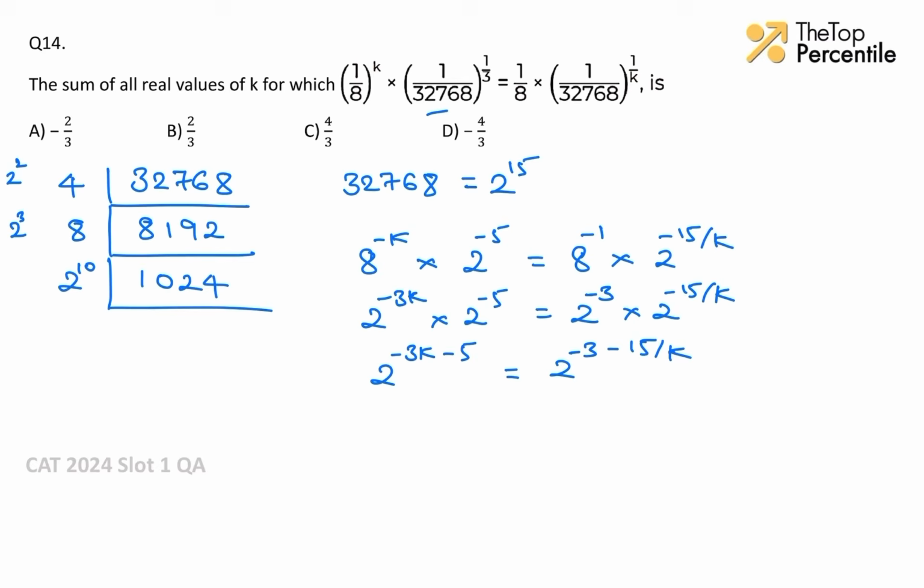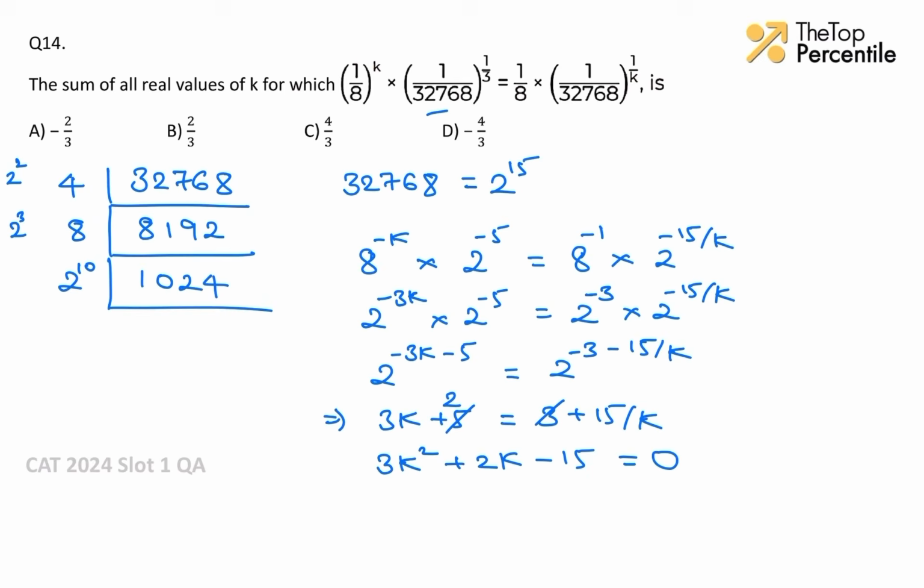Okay, now let's equate the powers. This will be 3k plus 5. This will be 3 plus 15 by k. I can write this as 2. Now multiply by k, and I'll get 3k square plus 2k minus 15 equals to 0.